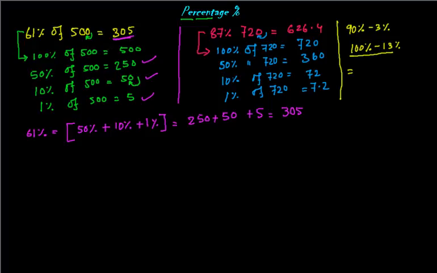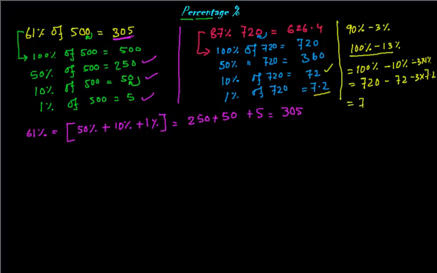So 100% minus 10% minus 3 times 1%. 100% of 720 is nothing but 720 itself, minus 10% which is 72, and 3 times 1% which is 7.2.